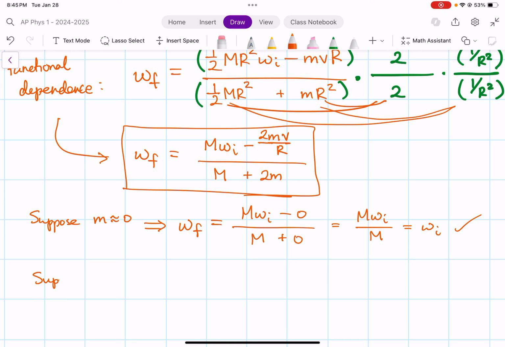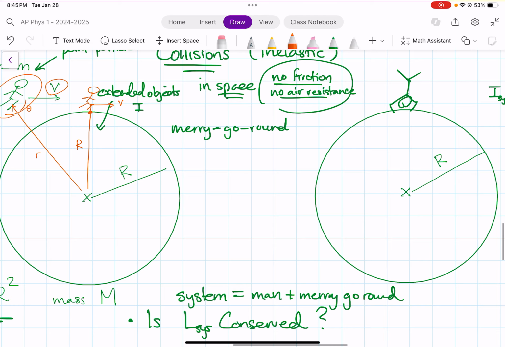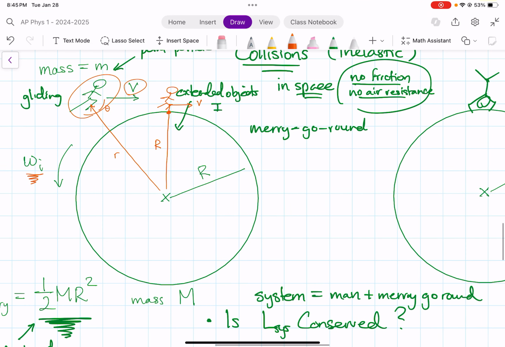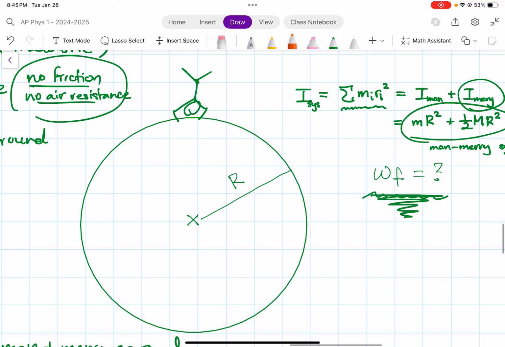So that matches our intuition. Now let's suppose, this one's a little more outlandish, that the mass of the merry-go-round is approximately 0. Again, what would we intuitively expect to happen if the merry-go-round was almost weightless? Essentially this guy would be holding on to this merry-go-round, but it's so light that it has applied almost a non-existent impulse to the man.